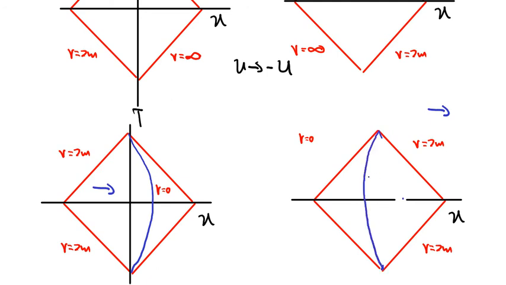So this is r equal to 0, and now the time orientation goes in the opposite direction after doing the reflection. So this is what we get after doing this same transformation, right?